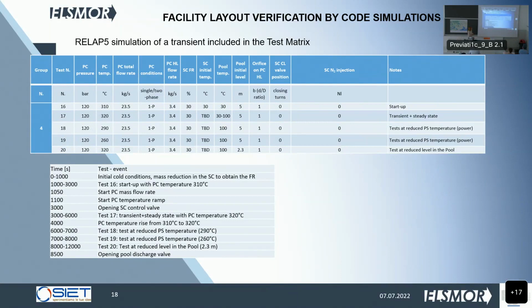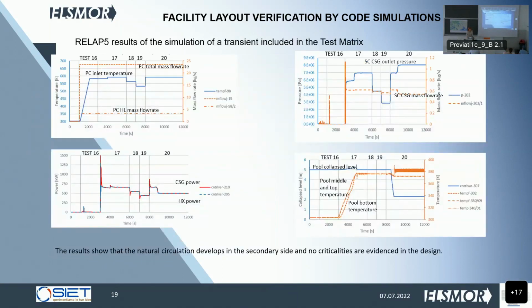So this is just to say that the test simulated by ENEA includes all these phases. And here we have an example of the results that have been obtained, where the code has provided the trend versus time of quantities of interest.